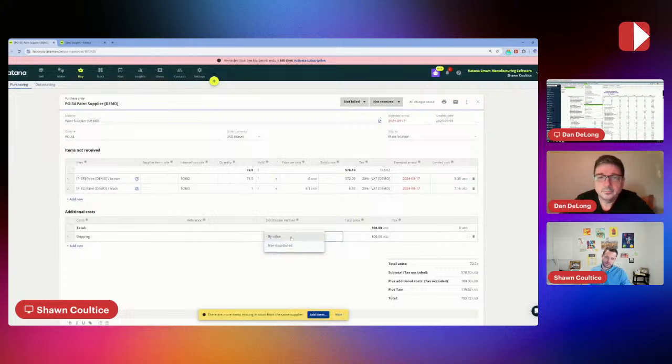Most businesses are going to do it by value, just because at the end of the day, it's usually the most accurate. So let's say you're shipping a container and you're receiving that container, and the items that are more valuable, well, they should take up more of the cost to ship that thing.